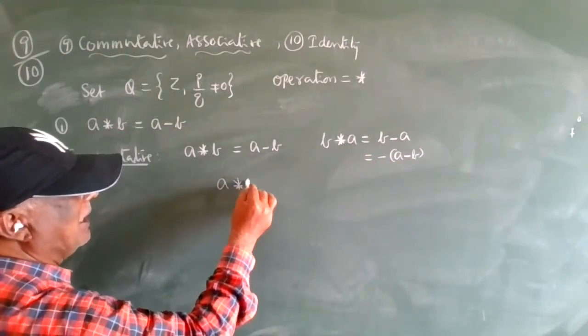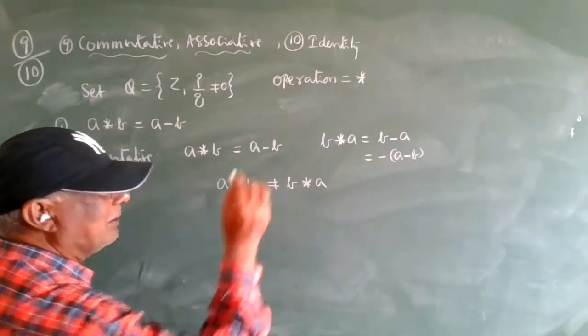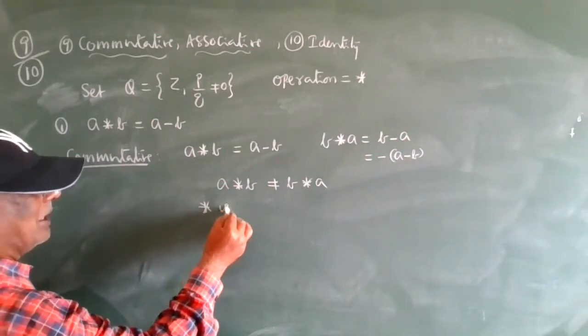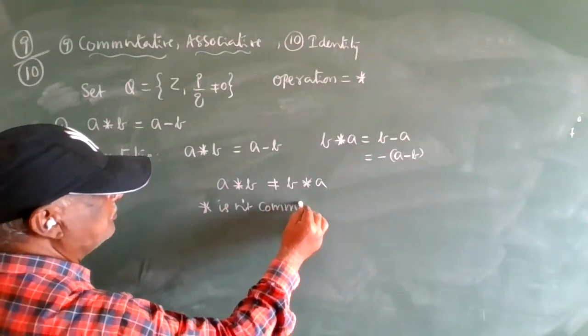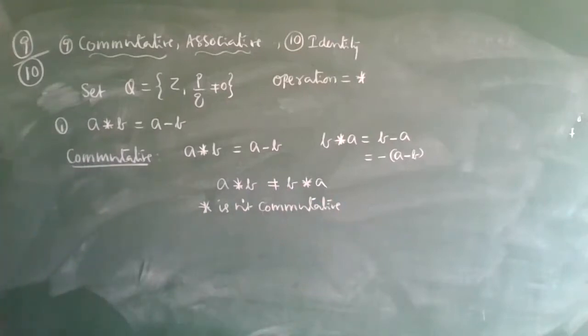A star B is not equal to B star A. So star is not commutative.